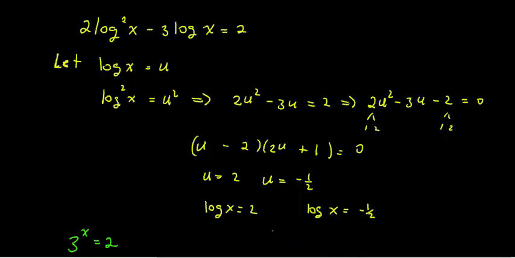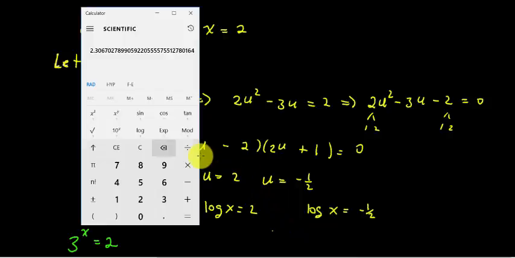Since it's log base 10, you can just plug that into your calculator, right? So let's see here. I'll bring up this calculator, and I'll just say log base 10 of 2, and that gives us 0.301. No, I did that wrong. I'm sorry.